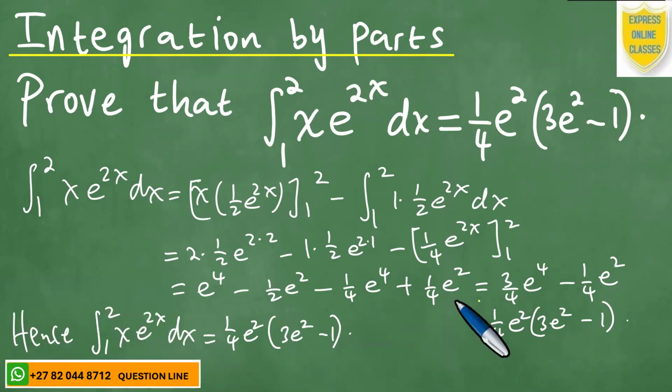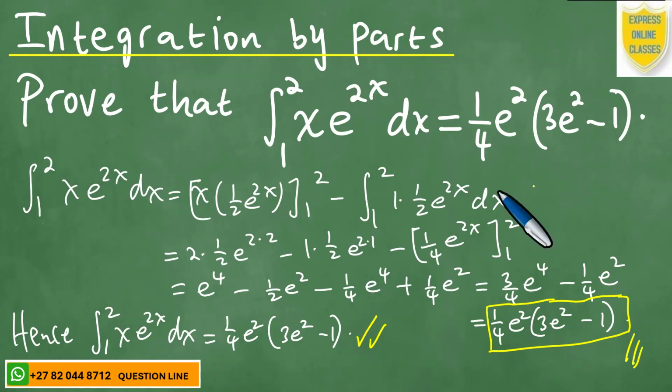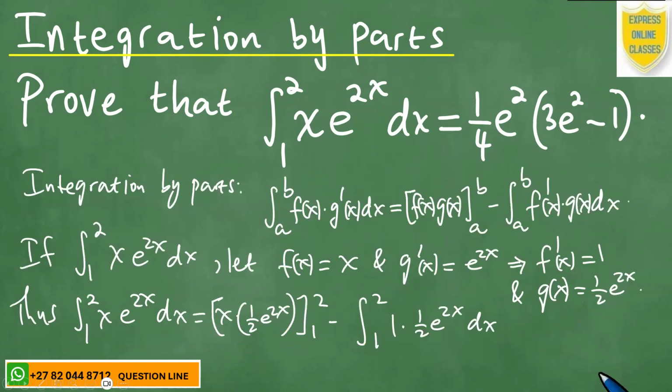This is the answer we have got here, the result by integration by parts. Ultimately, we've been able to prove the desired result by using integration by parts. We remember that we started by looking at the formula for integration by parts.